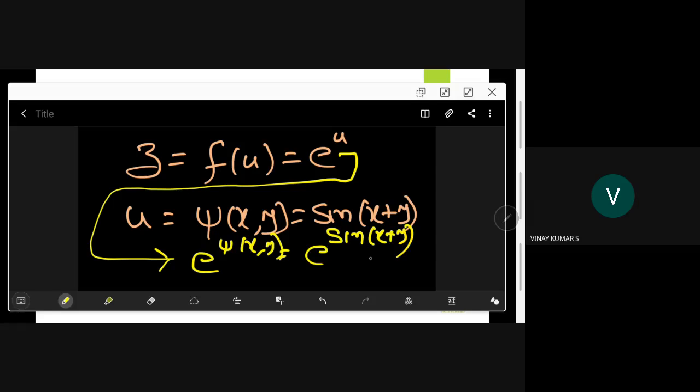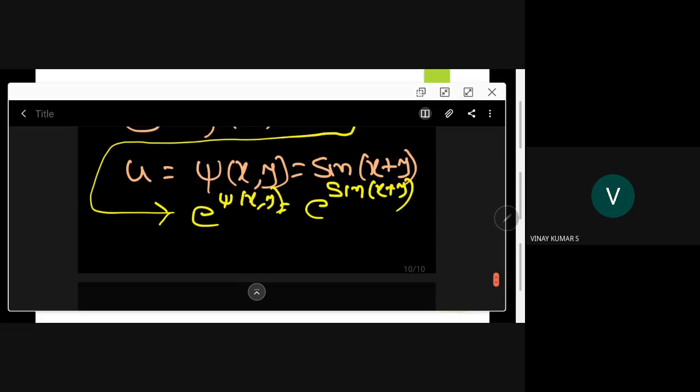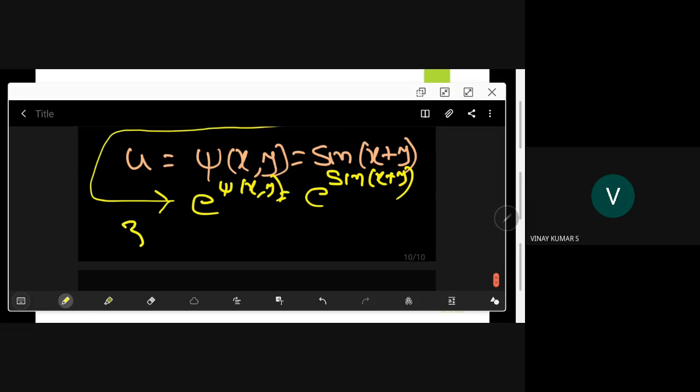So you can treat z as a function of only u or z as a function of x and y. Once you treat z as a function of x and y, you can talk about dou z by dou x, zx, zy, etc., dou z by dou x and dou z by dou y. On the other hand, if you treat it as a function of u only, then you can only talk about dz by du.